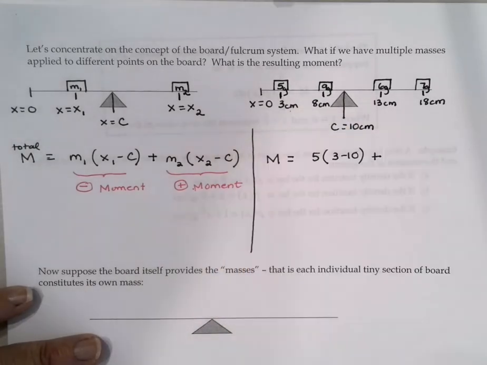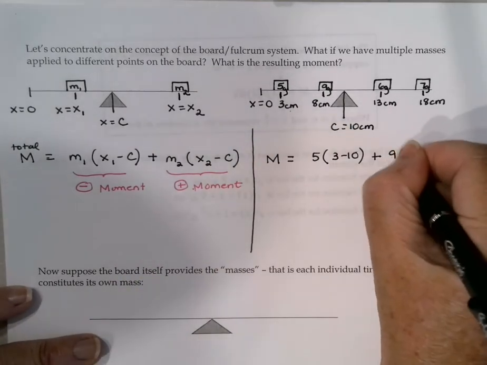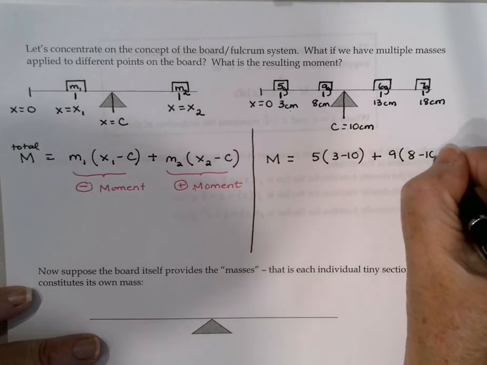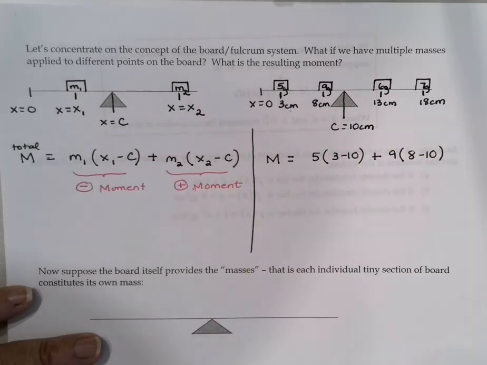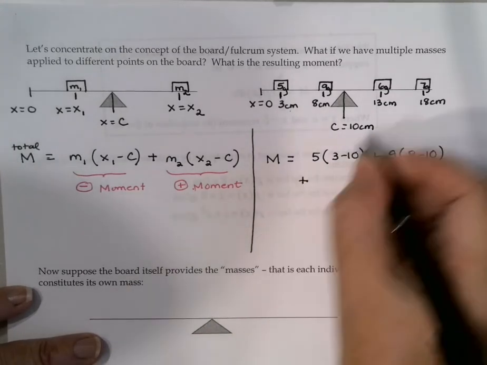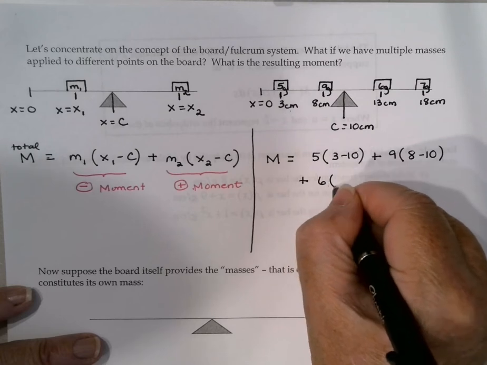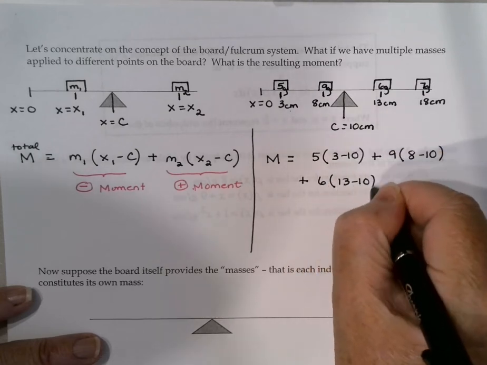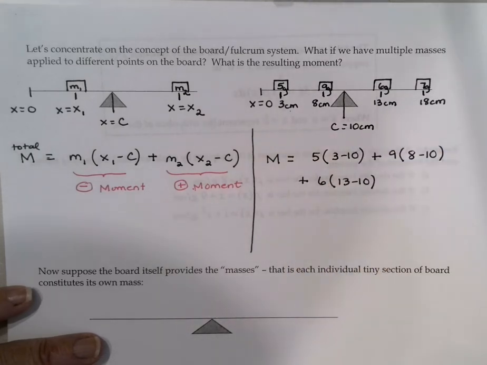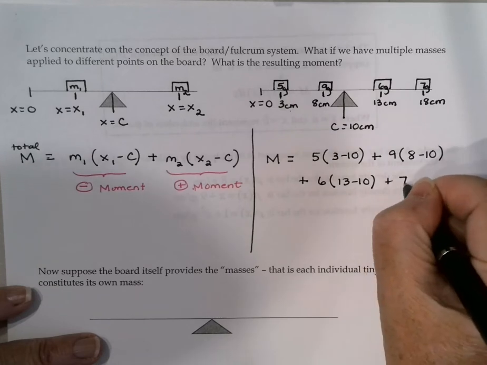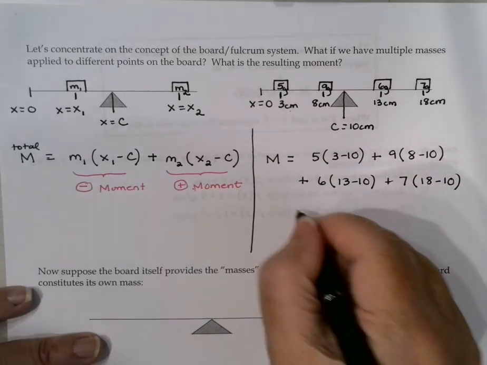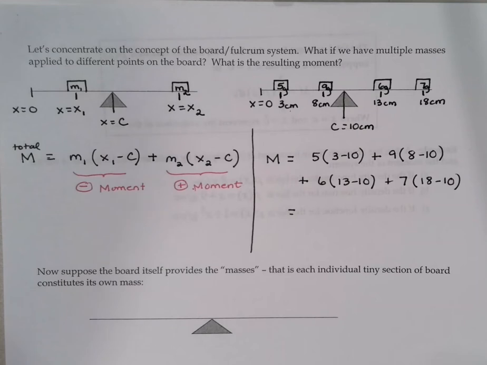Plus here I've got a mass of 9. My directed distance, 8 minus 10. Again, a negative contribution to the moment. A mass of 6 times 13 minus 10. That one's going to have a positive contribution to the moment. And then finally the mass of 7 times 18 minus 10, another positive contribution.